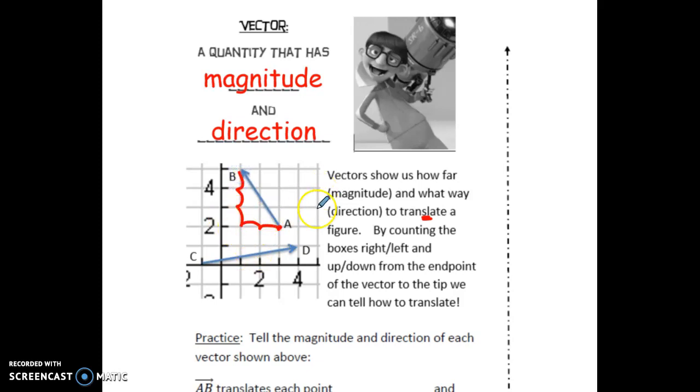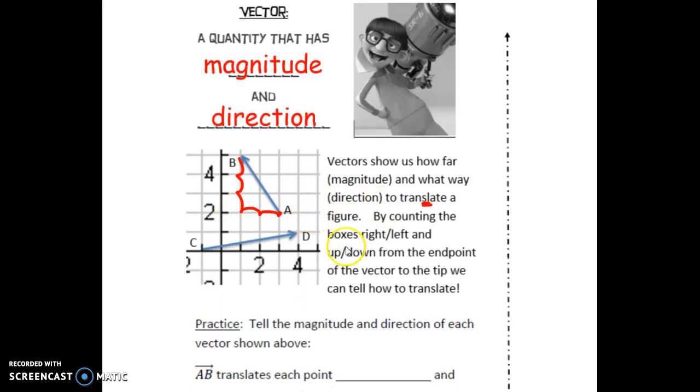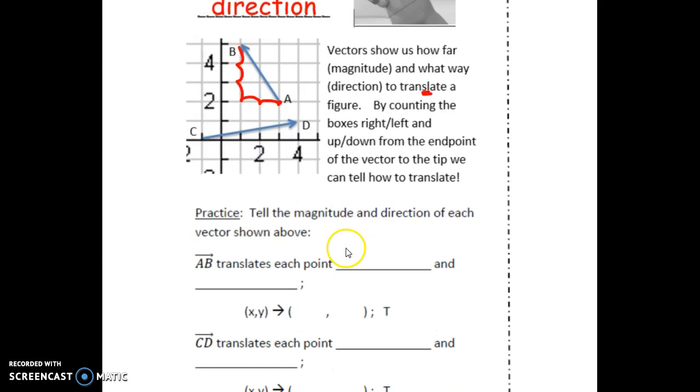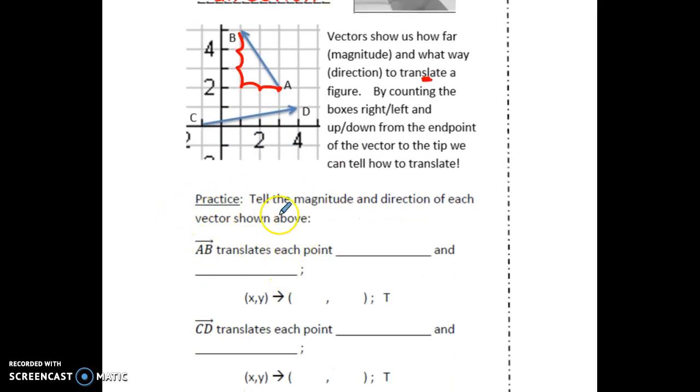So like we did with our last lesson when we counted direction to figure out how far and in which direction to translate, the practice down here is based on this image. Tell the magnitude and direction for each vector shown here. So this is the symbol talking about vector AB. It's the same symbol that we would use if we were talking about an array.